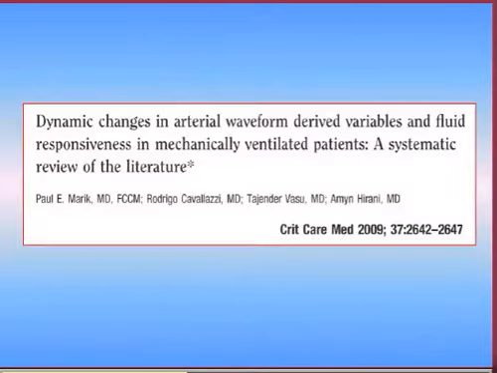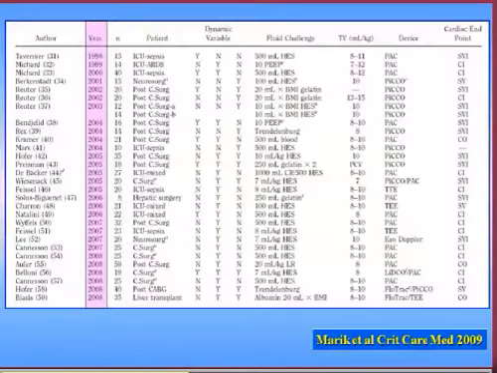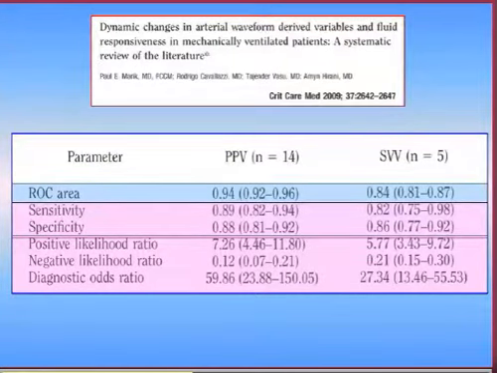So now we have to look at the comparison between all these parameters. For example, the meta-analysis by Marik and co-workers, they pooled a lot of studies addressing the issue of pulse pressure variation, stroke volume variation, etc. And they found that the best parameters were PPV and SVV in terms of ROC curve.